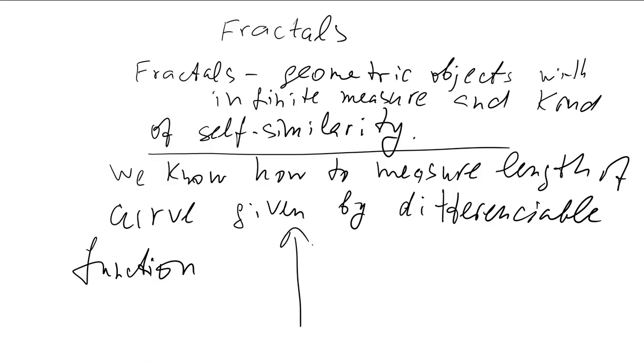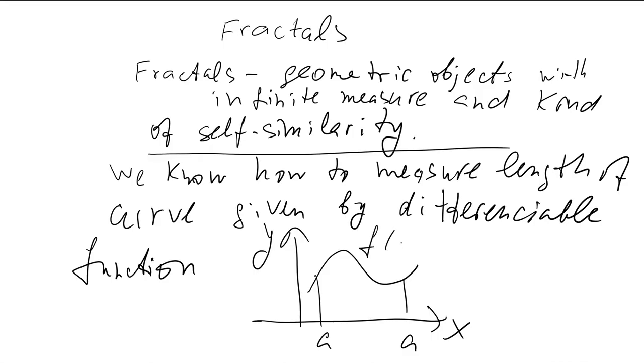So this is our function. Let's say y equals f of x, and then we know that its length is given by the integral from a to b of the square root of 1 plus the derivative of y squared, dx.